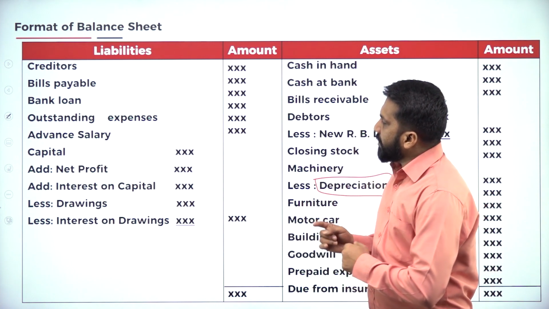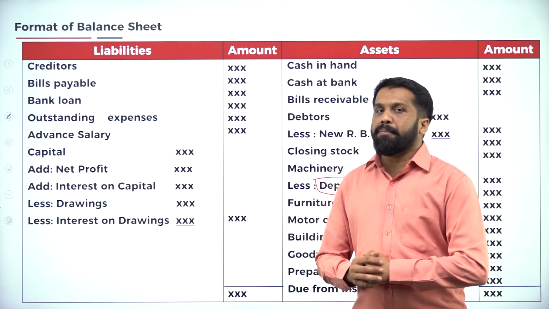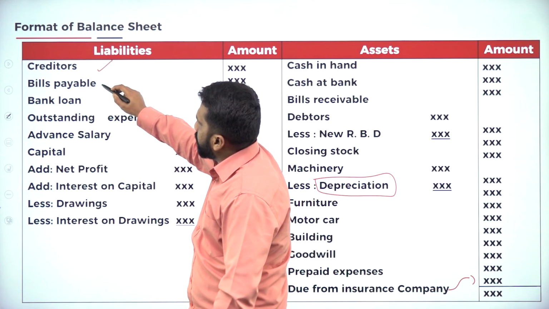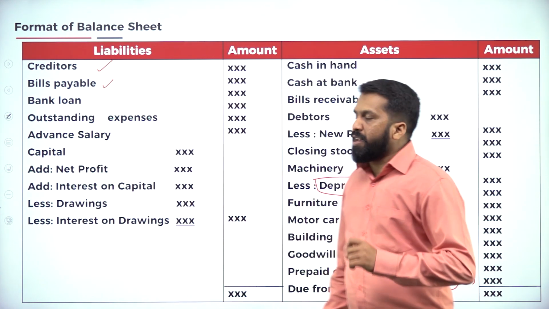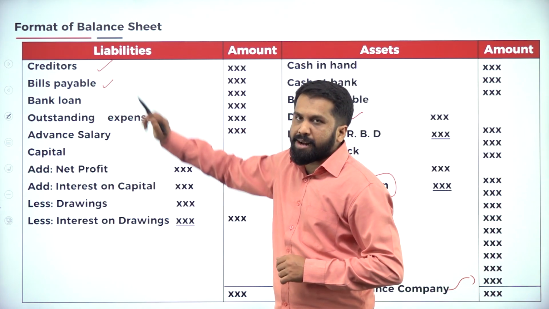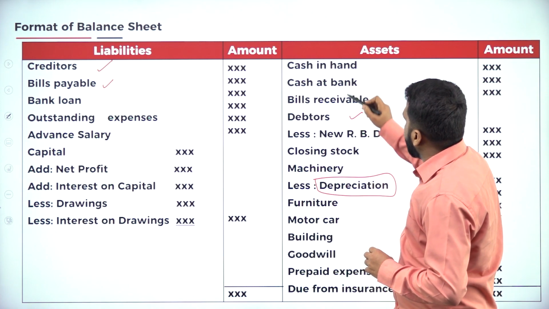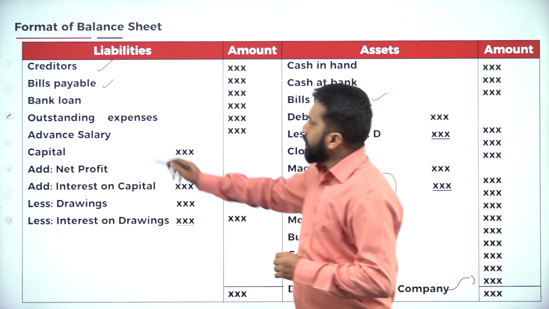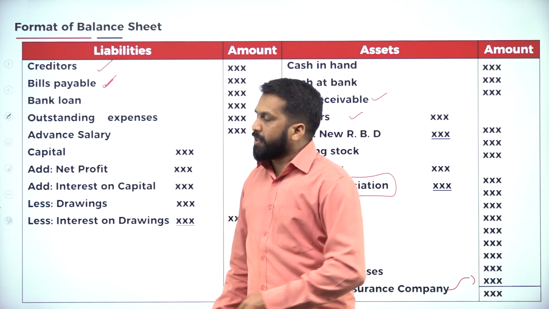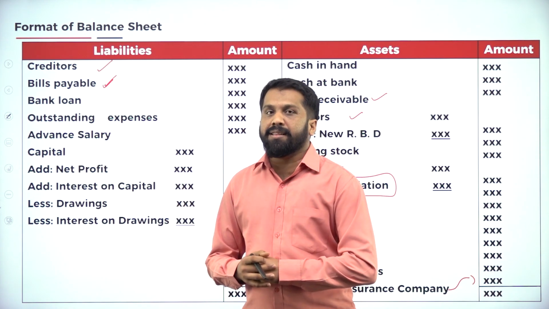Now, which are the things we get from liability? Remember, creditors, bills payable. We have debtors, opposite creditors, and we have bills receivable, opposite bills payable. Anything you're supposed to pay, you should write under liability.